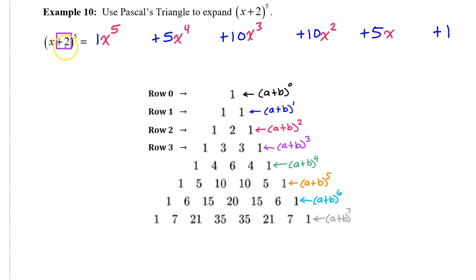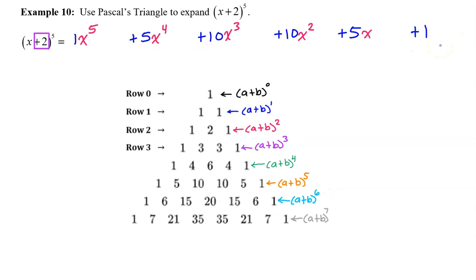Now look at the second term of the binomial. This term is on the right, so it starts off on the right side of the expanded polynomial. So I'm going to put a 2 right here. Again, we start off with the degree of the binomial, so 2 to the 5th power.